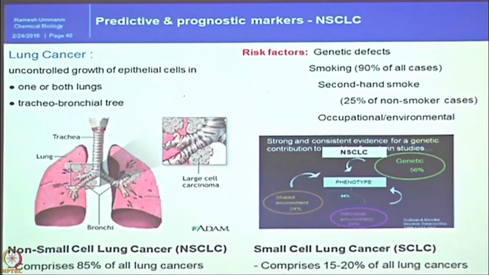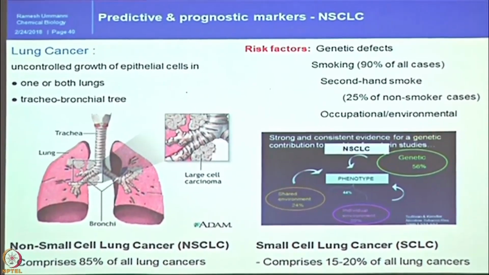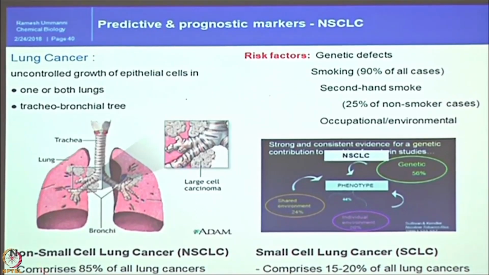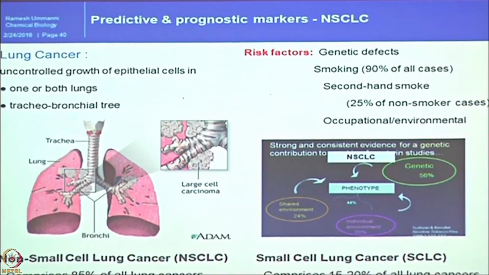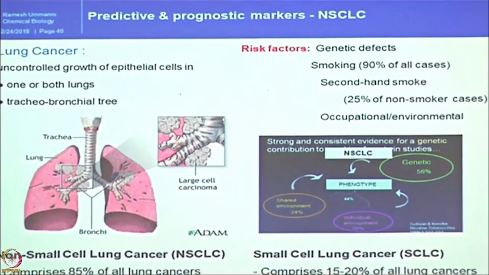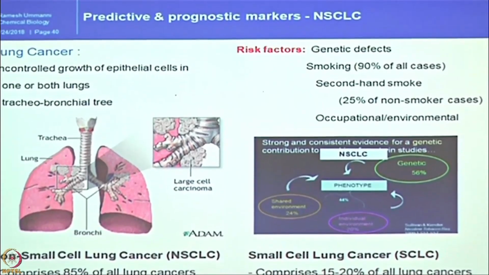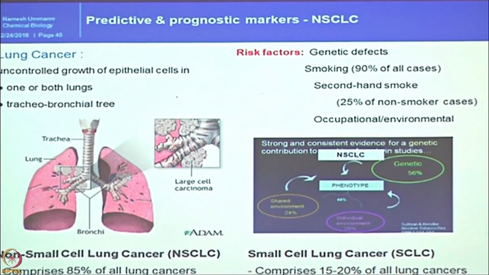Non-small cell lung cancer is about 85%, only 15 to 20% are small cell type, but today both cancers are difficult to treat. Though having a lot of drugs, it is very difficult to treat, and the mortality rate is still high, due to several reasons, that different subtypes of non-small cell lung cancers are there in the patient.